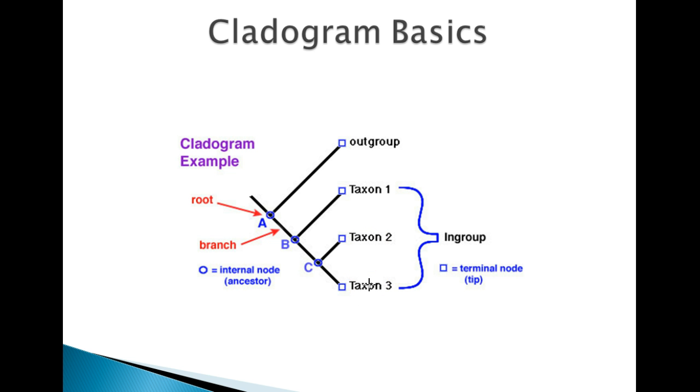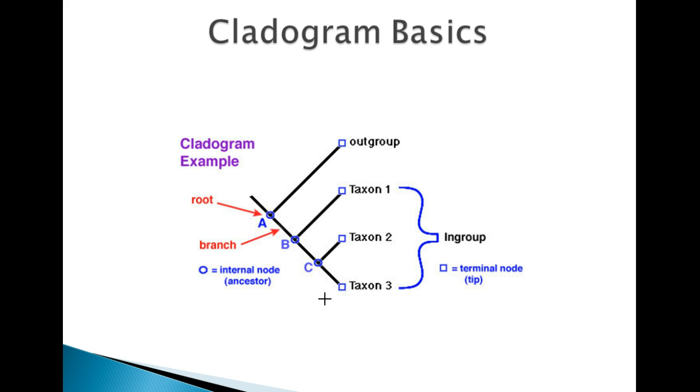I know this is a lot coming at you. Be patient. Now, each internal node, that's right here, each of these internal nodes, which are the zeros, you see their symbol, whereas terminal nodes are the squares, the little squares here. Each internal node is also at the base of what's called a clade, C-L-A-D-E, a clade.